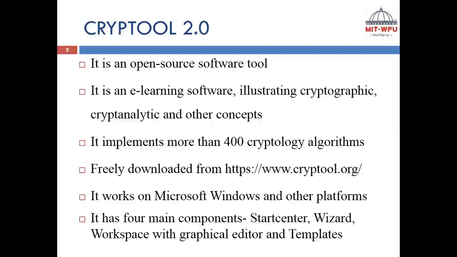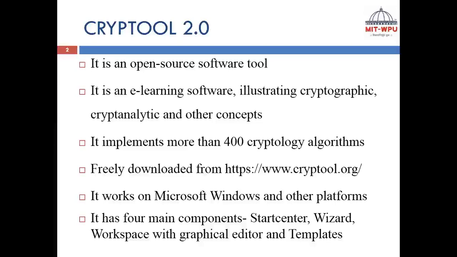It has different versions: we call them Cryptool 1.0, Cryptool 2.0, JCrypTool, and others. But Cryptool 2.0 is the latest version, which works on Windows. That is good to download.